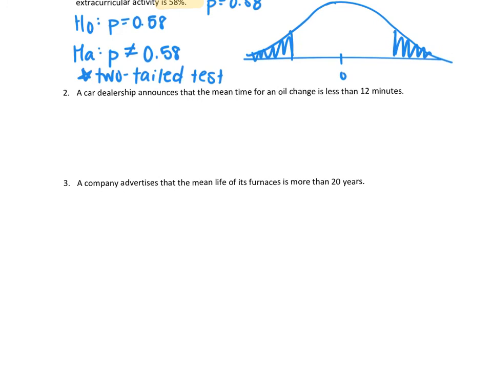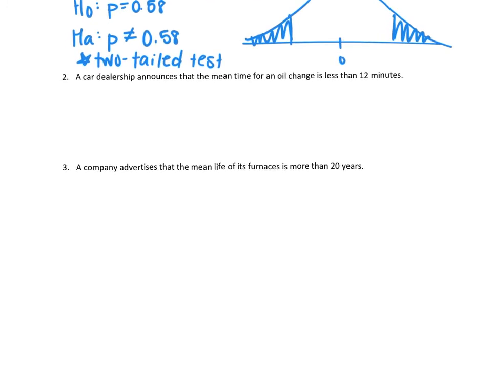Next one, we have a car dealership announces that the mean time for an oil change is less than 12. So the mean is less than 12. So in order to write our claim, we would write mu is less than 12. Okay, mean is less than 12. So that doesn't have a statement of equality in it.